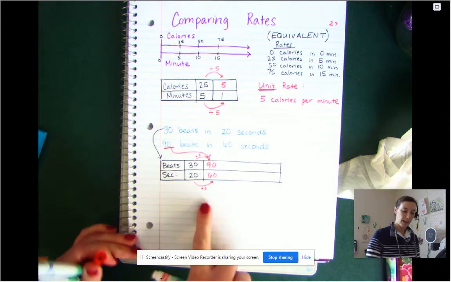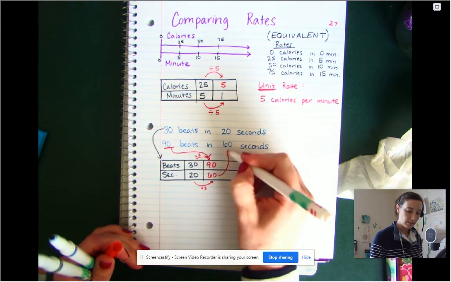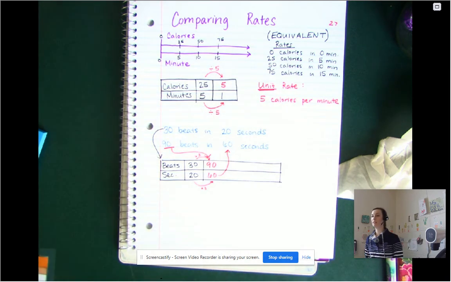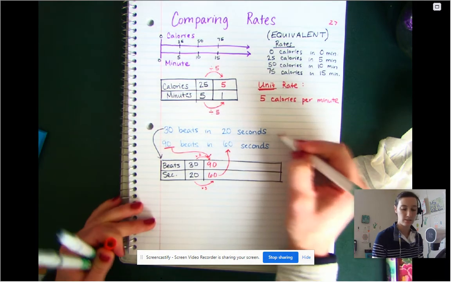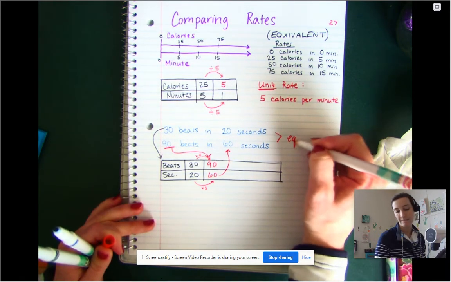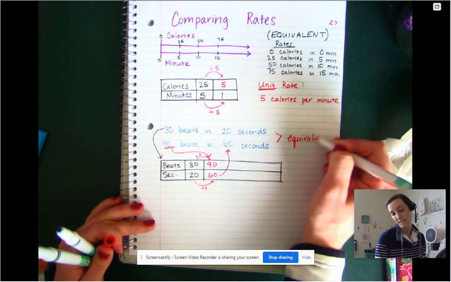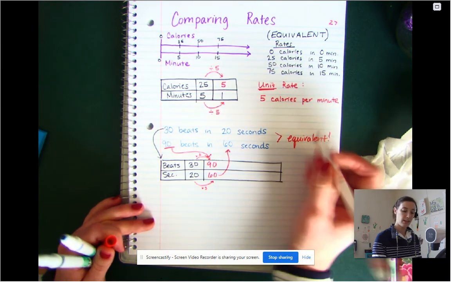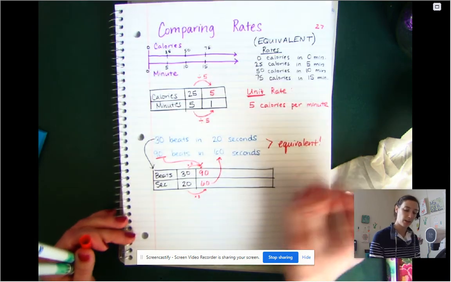Now I can look back and check. Did I get the same number? Yes. So those quantities are equivalent. So we'll call that the plug and chug method.